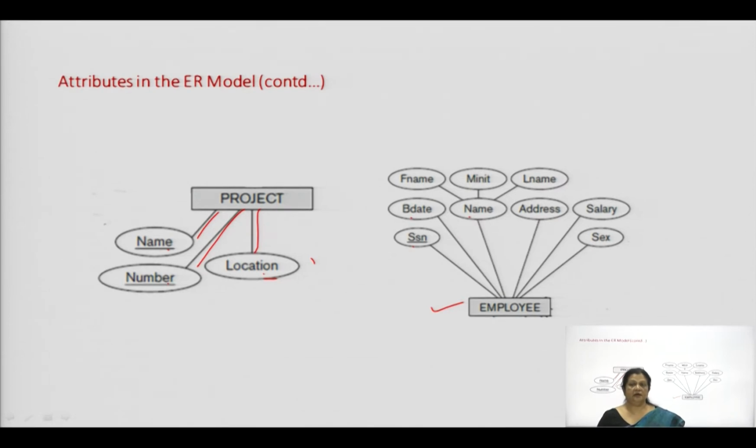So, an entity in the ER diagram is shown by a rectangle with the name of the entity, and the attributes or the properties of every entity are shown by ovals and joined to the entity using a line. An entity can have any number of attributes as per the requirement of the system.